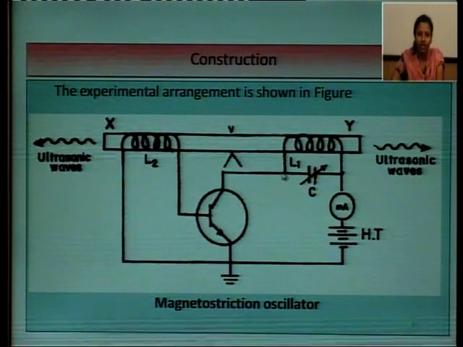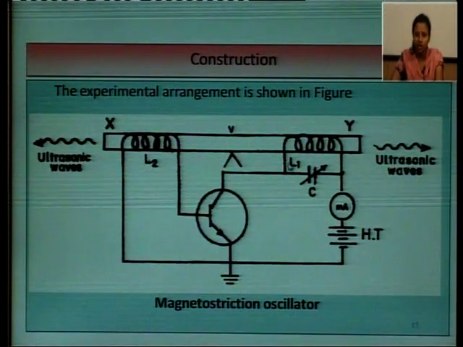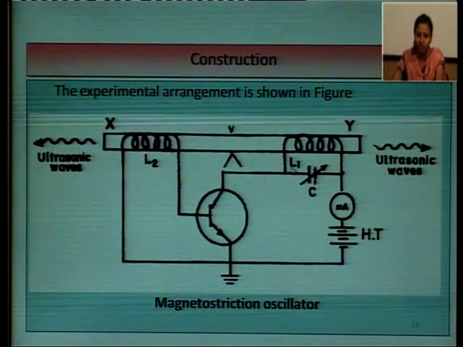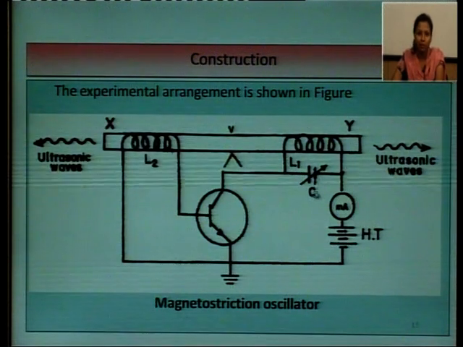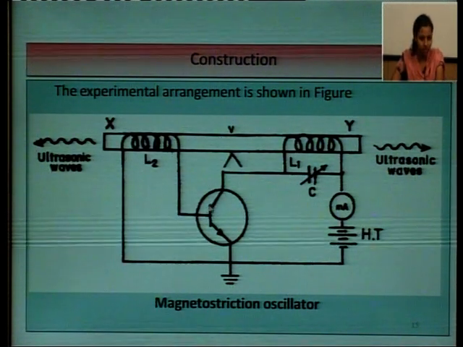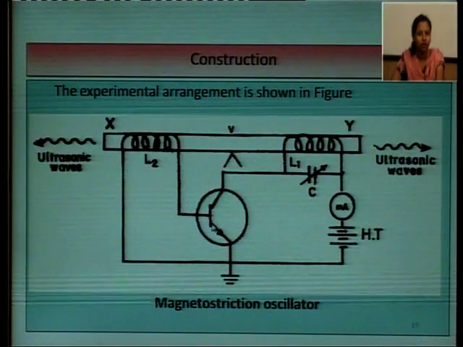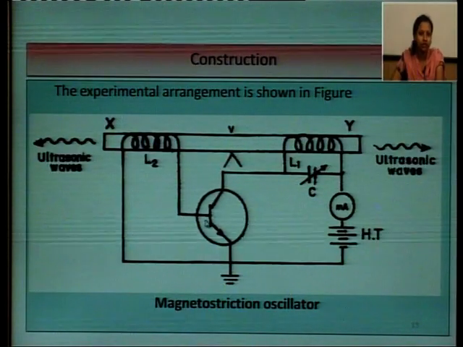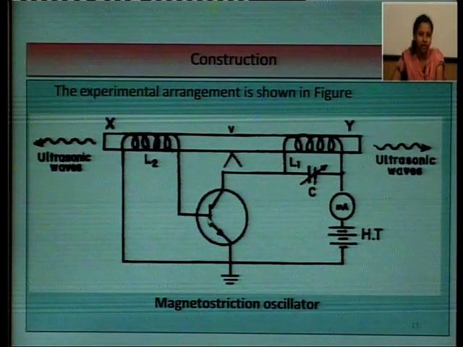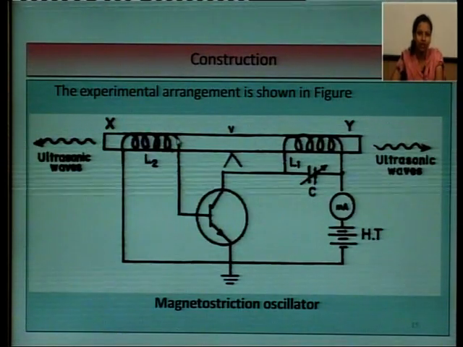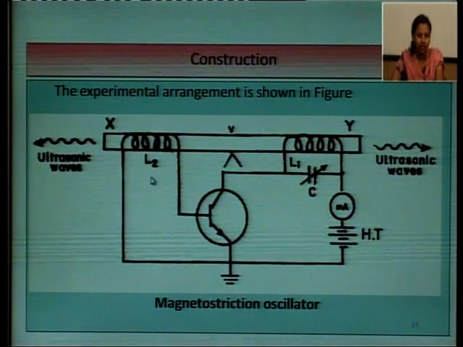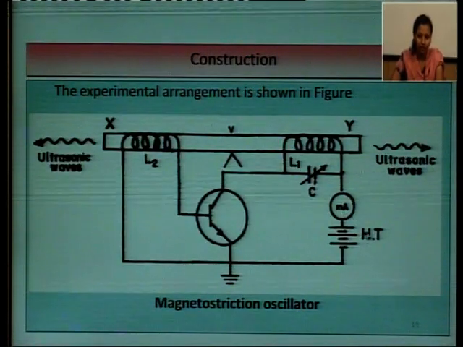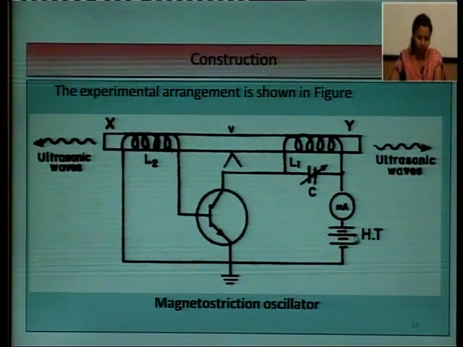Within this we have an inductor with inductance L1, a variable capacitor C, and a transistor whose emitter is earthed. In the base region we have a second coil with inductance L2.